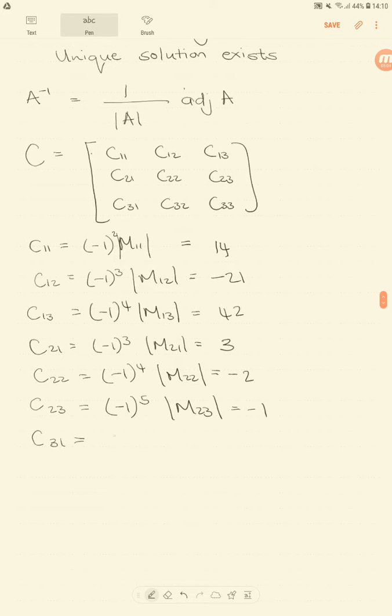C31 is equal to minus 1 to the power of 4 times the determinant of minor M31, which is equal to 42. C32 is equal to minus 1 to the power of 5 times the minor M32's determinant. This is equal to minus 5.